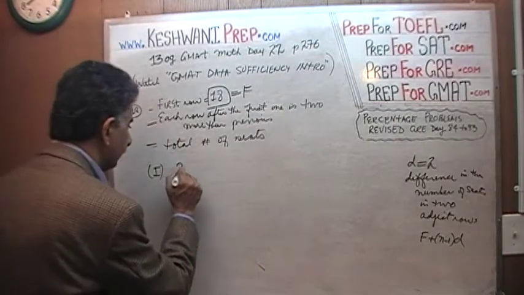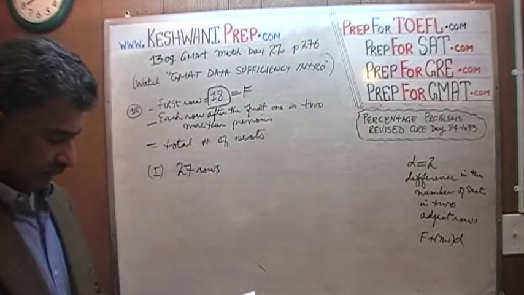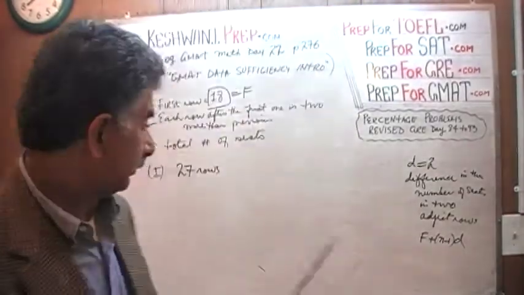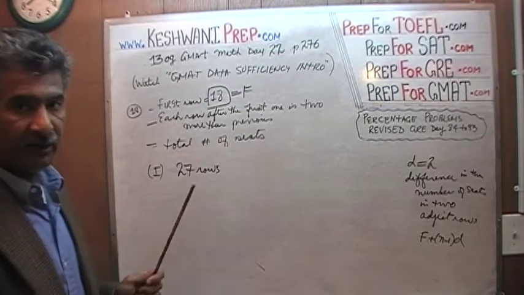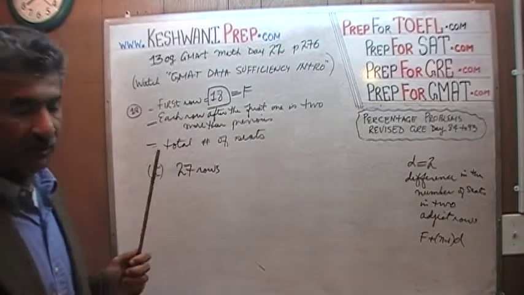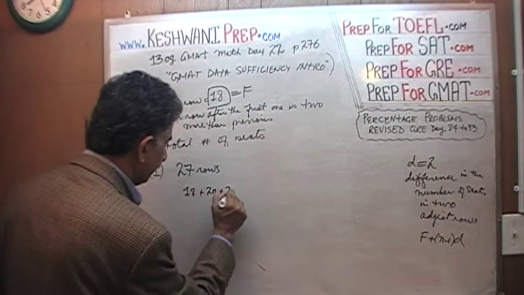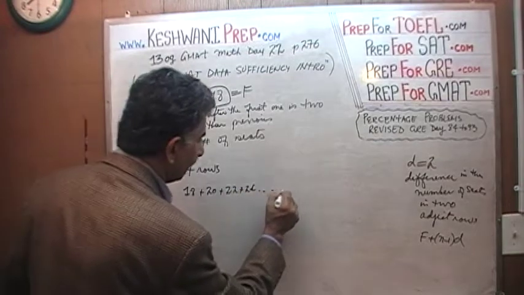Here they tell you that we have 27 rows. The first statement tells us there are 27 rows. Well, if there are 27 rows, you can do it manually and figure out how many seats there are. You're going to have to do 18 plus 20 plus 22 plus 24, and just keep on going.